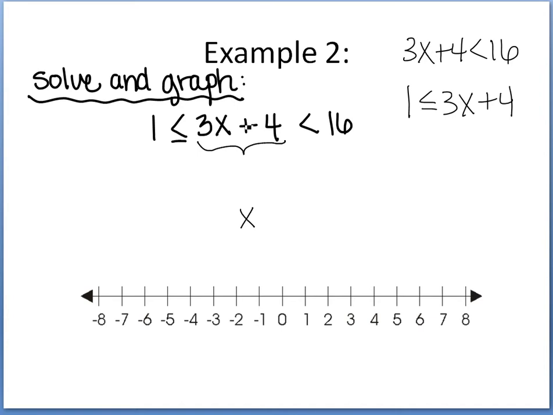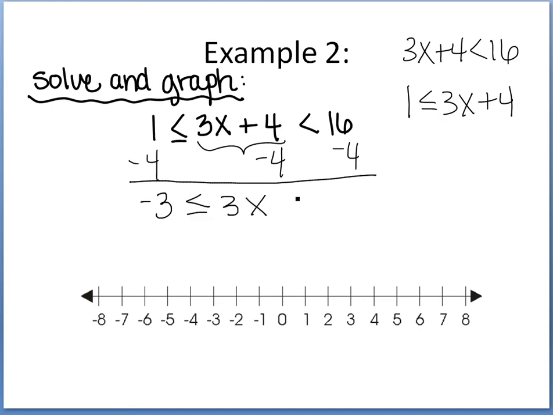So I'm going to undo what's happening to the x, just like I normally would. So the first thing I'm going to undo is by subtracting 4. Now I'm not just going to subtract 4 on the right, I'm going to subtract 4 on the left. I'm going to do it everywhere. So let's write what we have. This gives me negative 3 is less than or equal to 3x, which is less than 12.